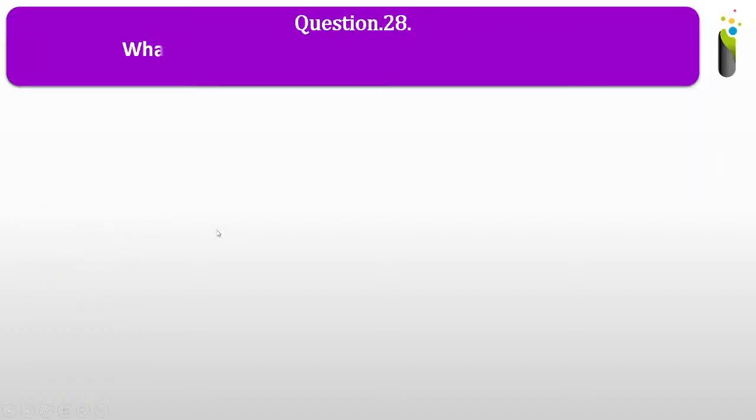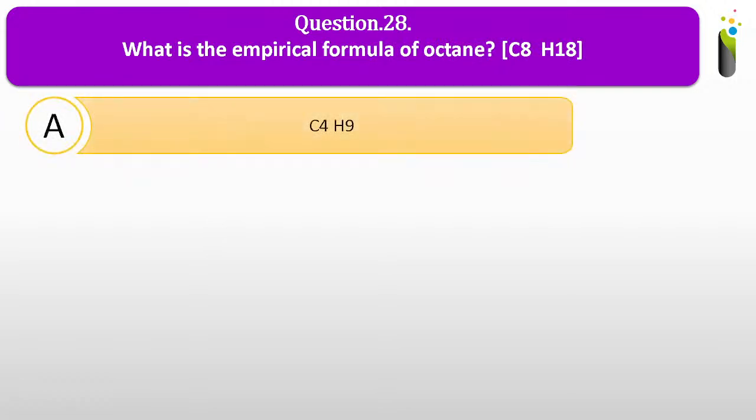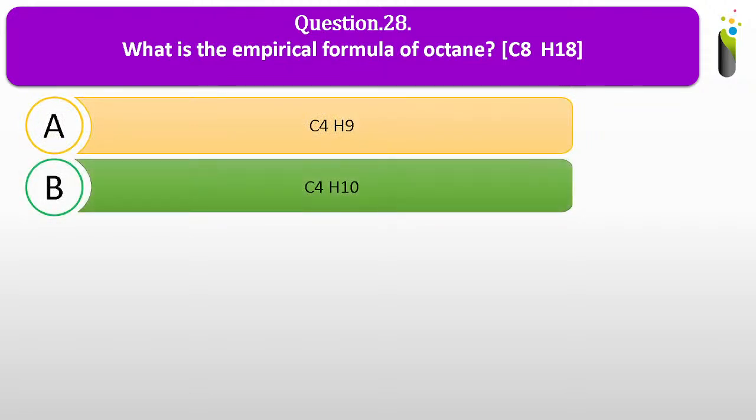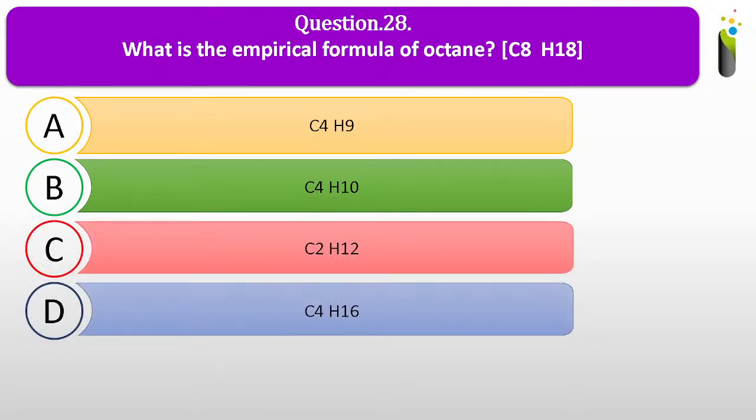Going ahead to question number 28. What is the empirical formula of octane with C8H18? A. Is it C4H9? B. Is it C4H10? C. Is it C2H12? D. Is it C4H16?